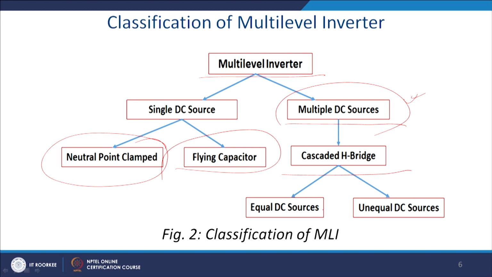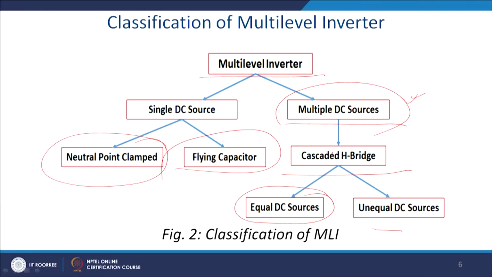All these sources may have an equal voltage or an unequal voltage. It can be a binary string also, which is very famous for solar applications, because you can step it up like that.